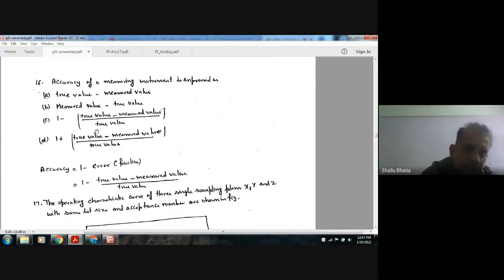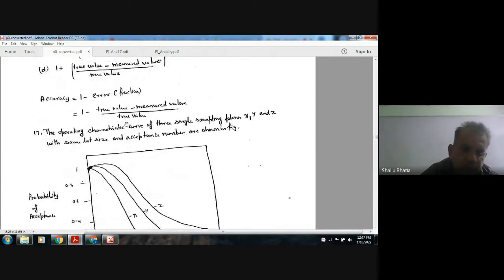So accuracy is always a percentage or a fraction, a quantity that is less than 1. Accuracy cannot be more than 100%. So the answer is option C. Accuracy is 1 minus (true value minus measured value) divided by true value.